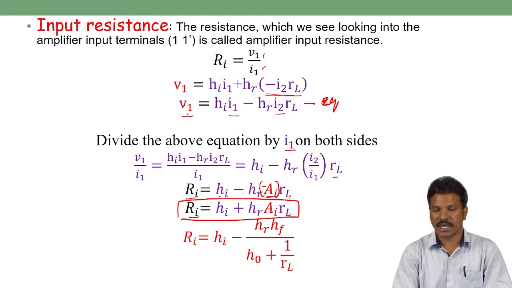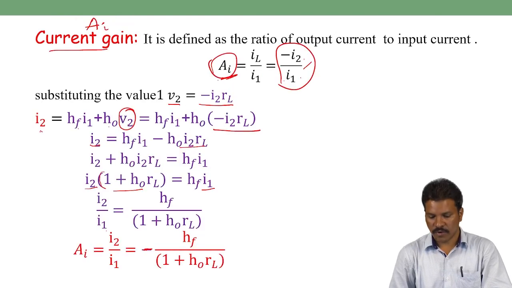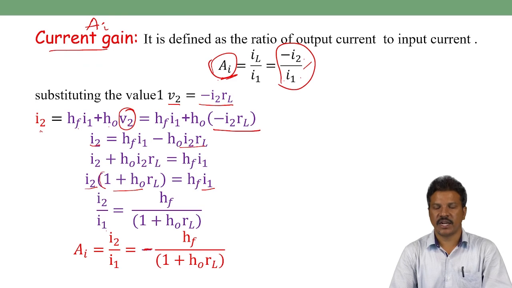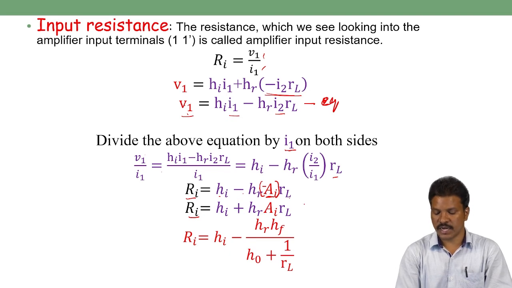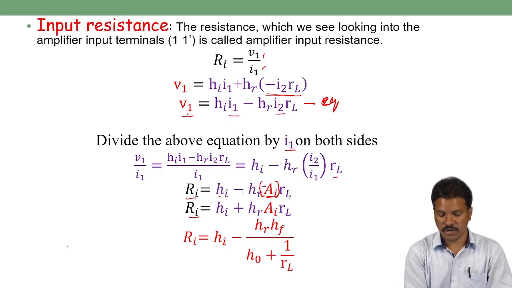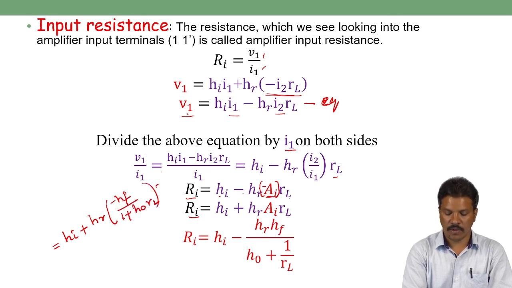By replacing this current gain formula, Ai is equal to minus Hf by (1 plus Ho into RL), when we substitute this current gain equation, we get Ri is equal to Hi plus Hr into minus Hf divided by 1 plus Ho into RL, into RL.